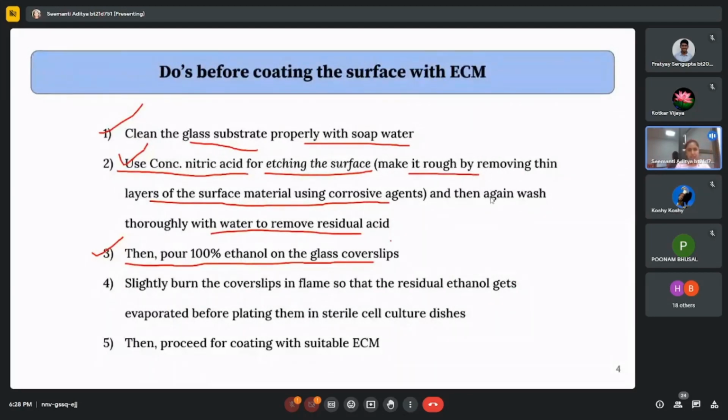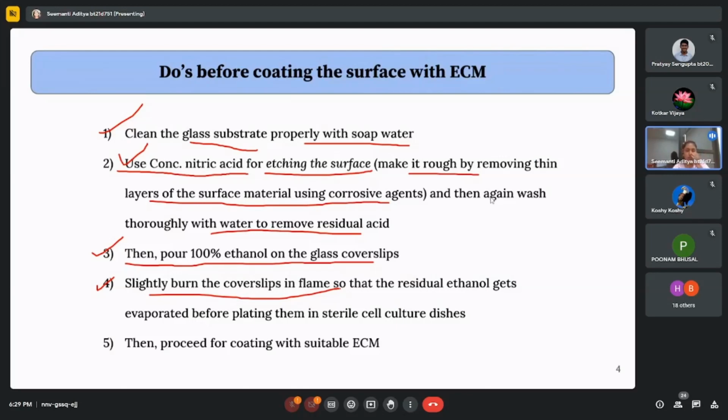Then after properly soaking it with ethanol, we have to burn the cover slips. Now we don't need to put water again. Once we have put ethanol, it can be evaporated. So before it gets evaporated, we have to burn the cover slips in the flame, so that again the residual microbes are removed and also the ethanol is totally evaporated.